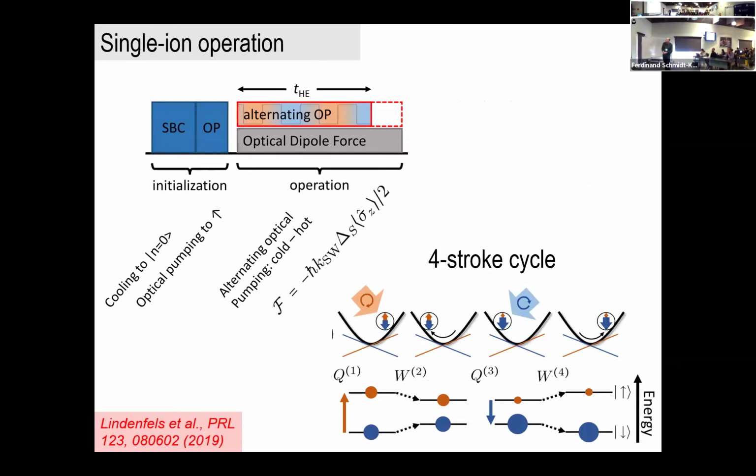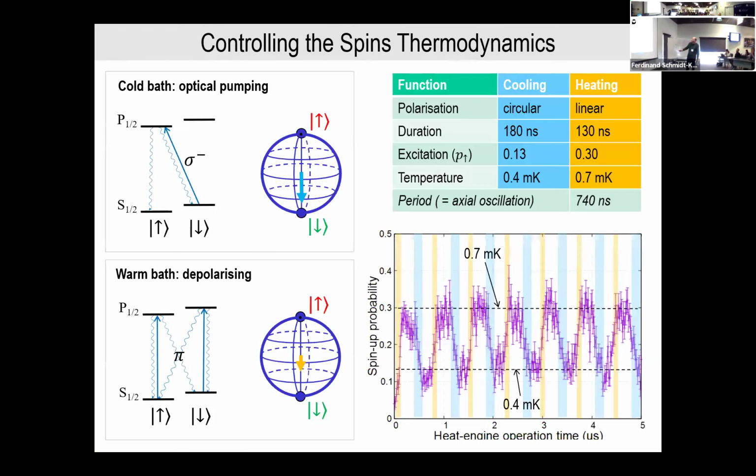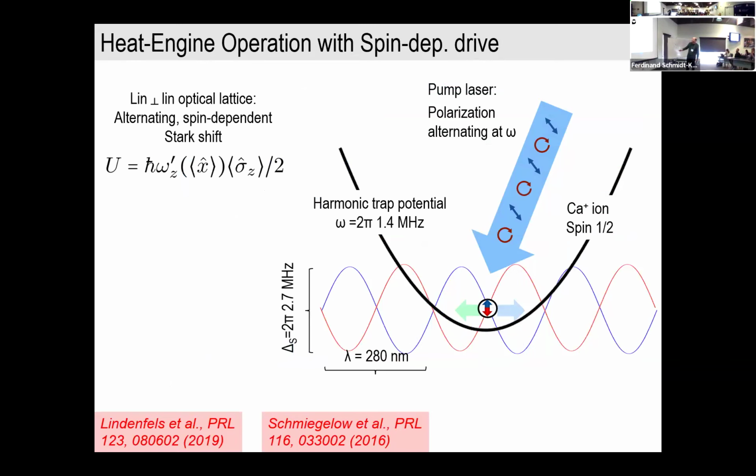Here. So this was a simplified version of the optical force. You see, it is just depending on the spin. But in reality, if I go back further, I think I have it somewhere, hopefully. It's also here, but it is not linear, okay? It is not dependent on X and sigma in this fashion.